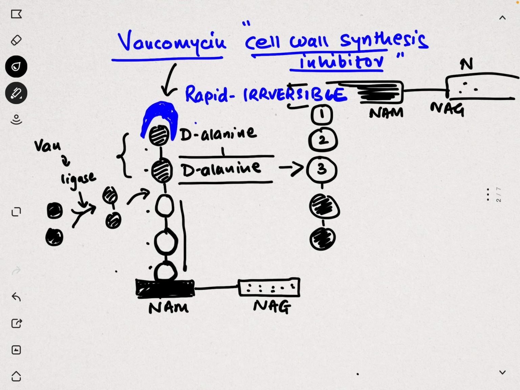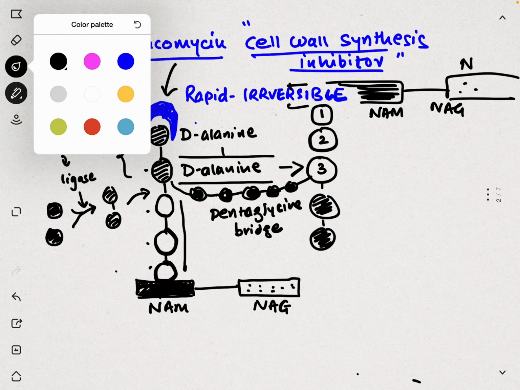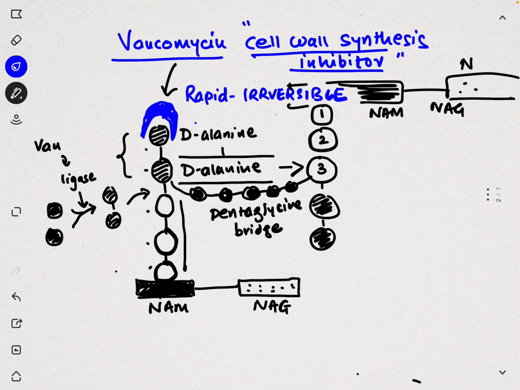So this is another peptidoglycan chain. And this will happen with use of a bridge made up of 5 glycine molecules, and this bridge is known as the pentaglycine bridge.